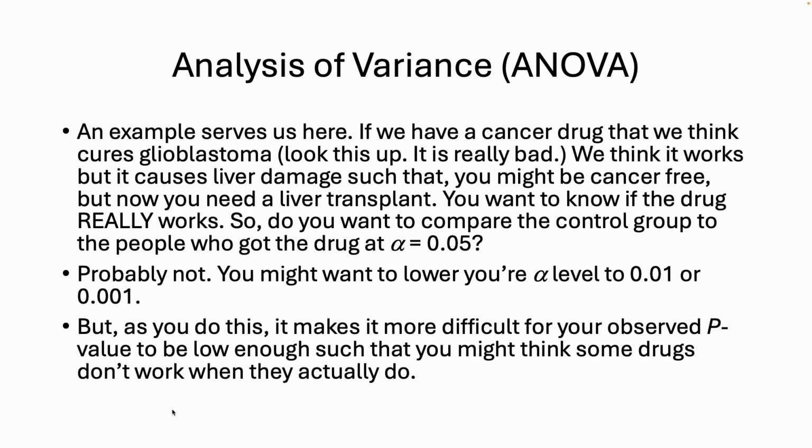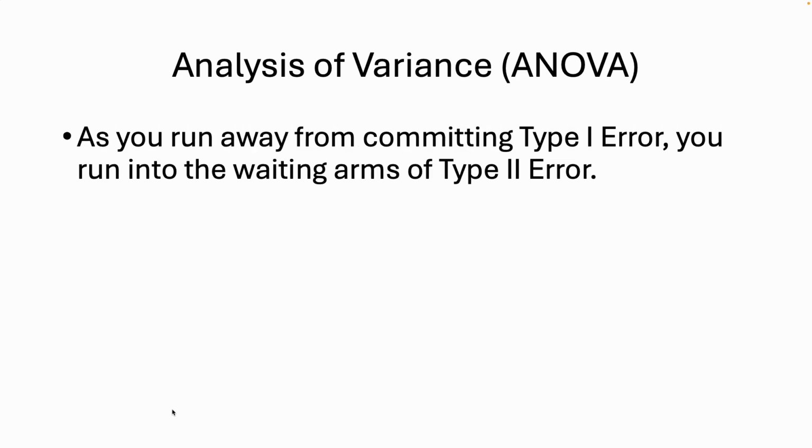But as you make the type 1 error rate smaller and smaller, it makes it more and more difficult for your observed p-value to be low enough so that you might think that the drugs work. And so you end up thinking that some drugs don't work when they actually do. So you have to think about type 1 error rate and type 2 error rate, because as you run away from committing type 1 error, you run into the awaiting arms of type 2 error.